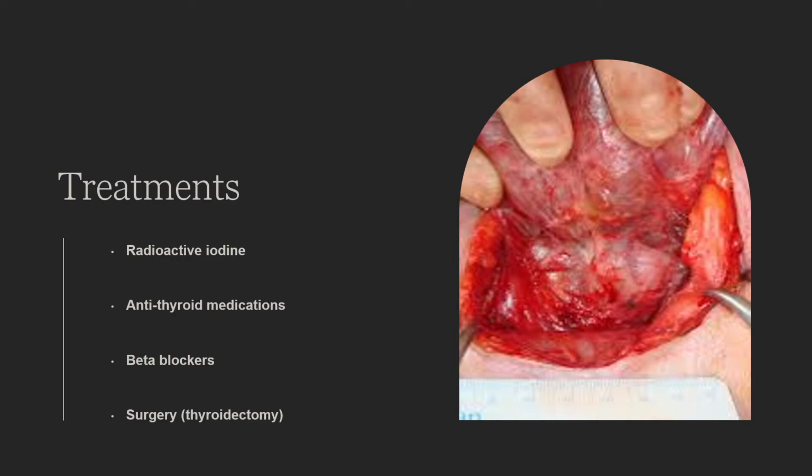There's also people that may be allergic to the medication by developing rashes, hives, fever, and because of that you may be susceptible to infection. The third one is beta blockers. Although these drugs are usually used to treat high blood pressure, these can ease symptoms of hyperthyroidism, such as helping with the rapid heart rate and palpitations.